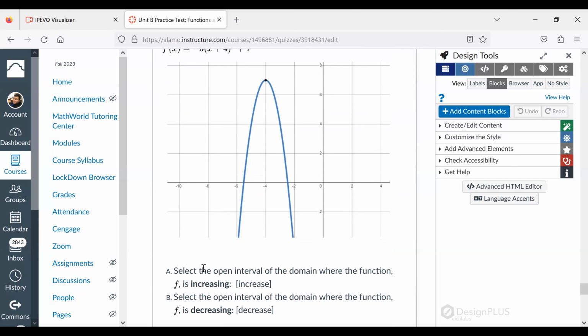Negative infinity to 7, right? Or negative infinity to negative 4. Yeah, that's right. So increasing from negative infinity all the way until negative 4. Where are we decreasing?